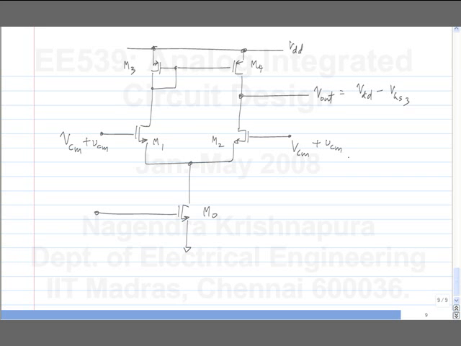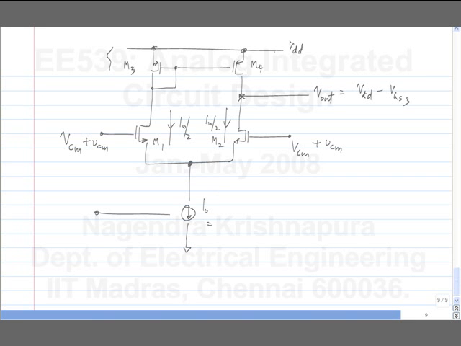Anyway, let's see. How would you go about calculating this? What happens if this is an ideal current source? In that case, because of symmetry, this current I0 will have to get divided equally between these two. And if I0 doesn't change at all, then this is like driving M3 and M4 with ideal current sources.